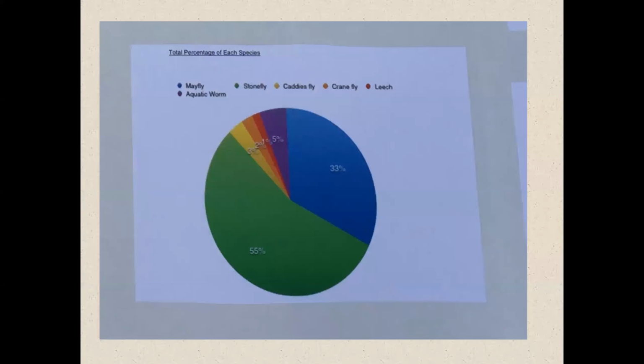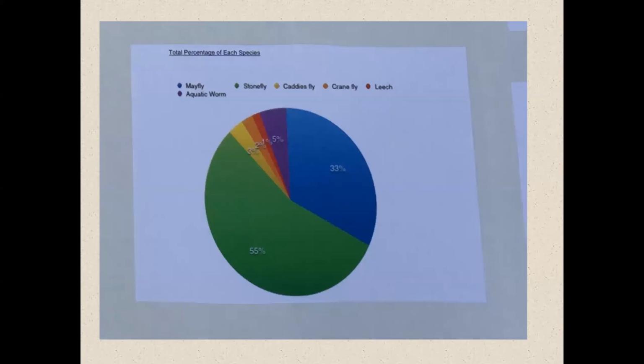And so this is a very appropriate use of a pie chart. I've seen pie charts used inappropriately, but this is an example. Pie charts or kind of stacked bar charts are really good if you're trying to look at a percentage. In this case, they were looking at different percentages of different species.